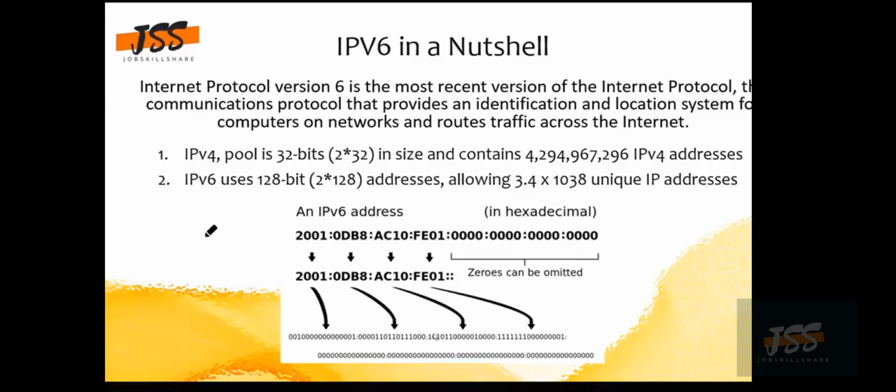In IPv4, we are using 4 octets, but in this we are using 16-bit groups. This is 16 bit, this is 16 bit, this is 16 bit, and all the way to the end. So this is a full representation of your IPv6.